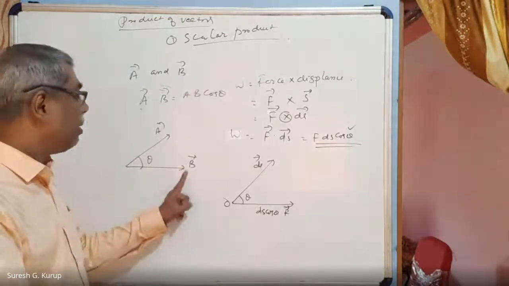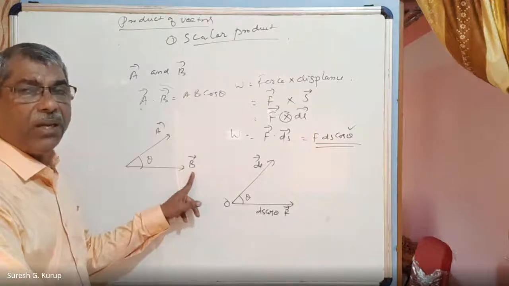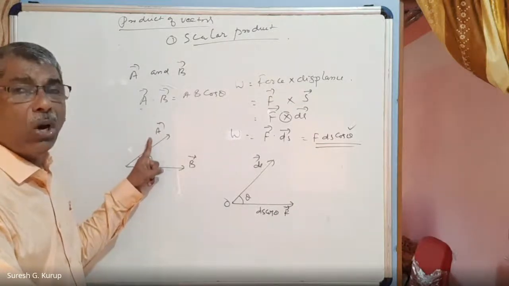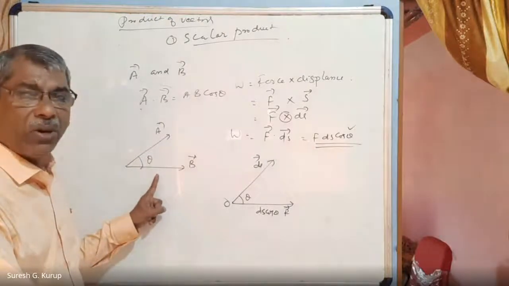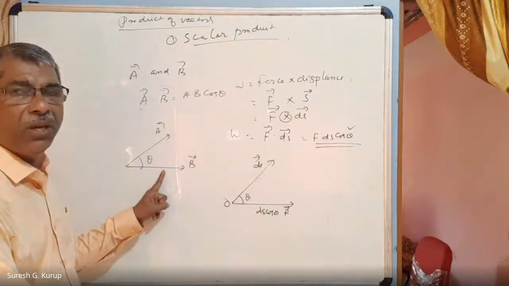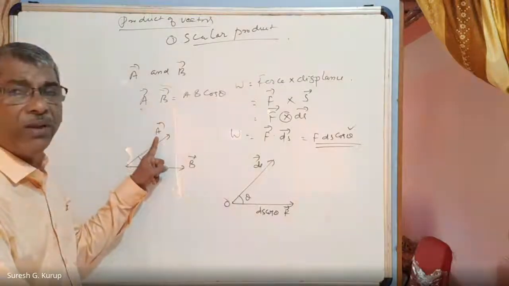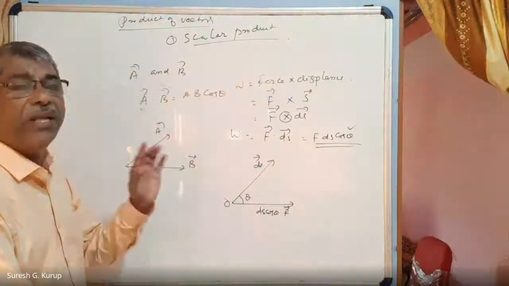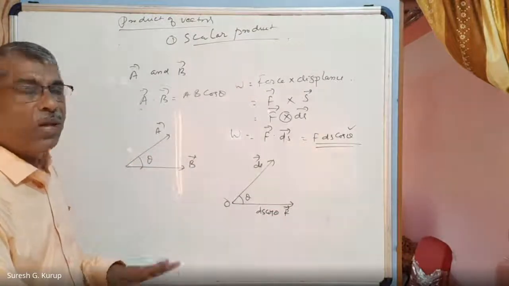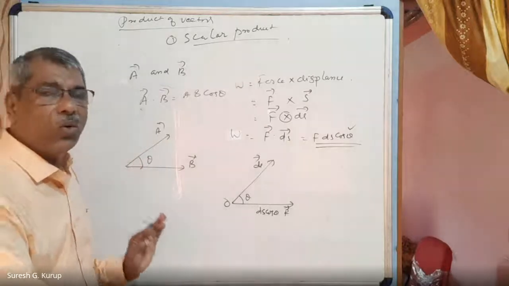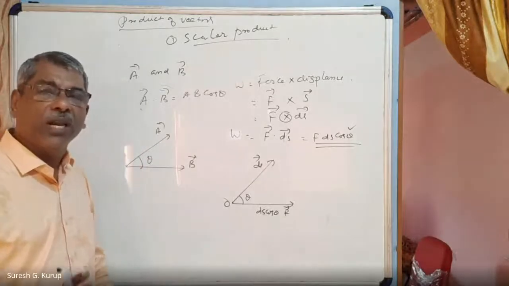Since A makes an angle theta with B, the component of vector A will be in the direction of B. So the magnitude of vector B, that is simply B, into the cosine component of vector A, which is equal to AB cos theta, is what is called a scalar product.